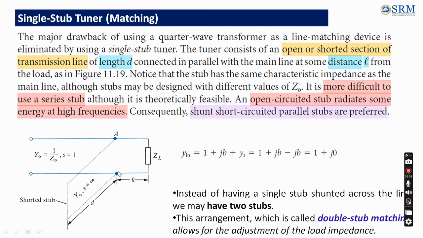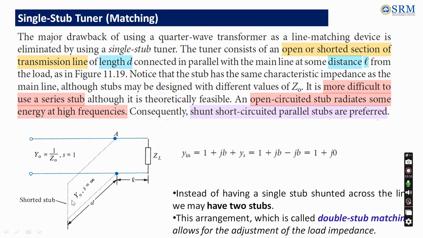So the idea behind this is that it is a parallel connection, right? So it is easy to work with the admittance. After placing the stub at a particular distance from the load, we can see that the input admittance is going to be 1 plus jB. This is susceptance.